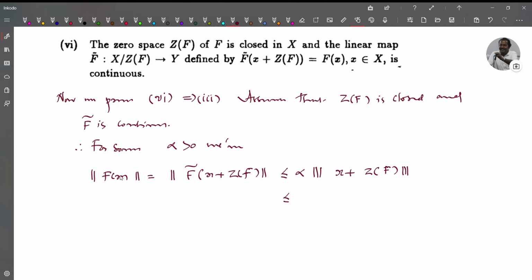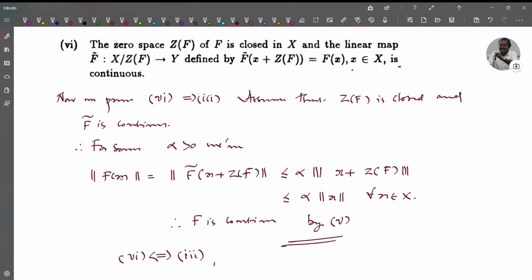That is less than or equal to alpha times norm x for all x in X. Therefore f is continuous by 5. So we have 6 if and only if 3.